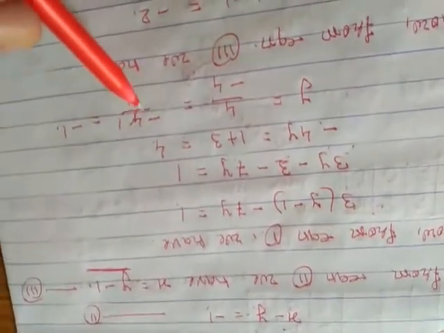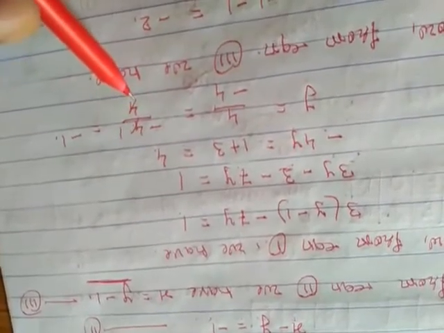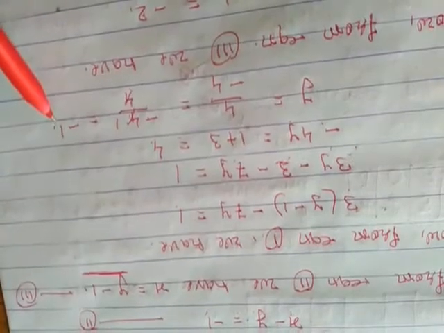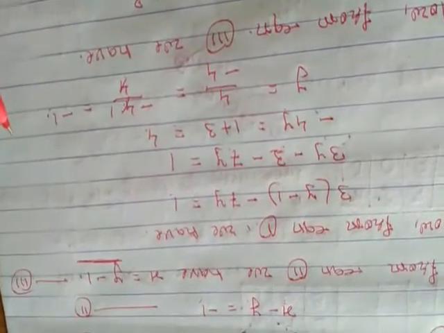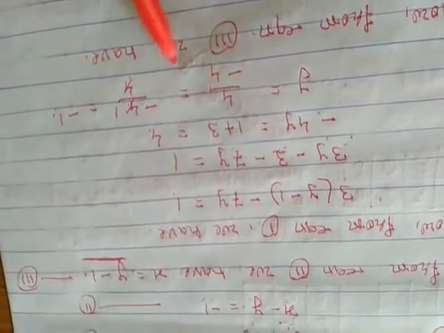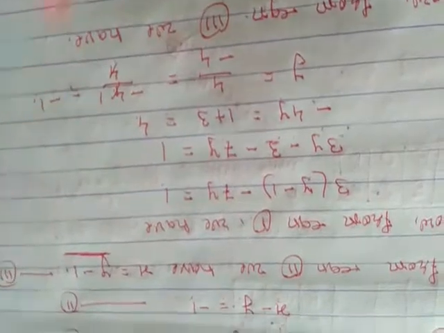This minus 4 will come in the numerator, so it becomes minus 4 by 4, so it will get cancelled. So we have the final value of y as minus 1.